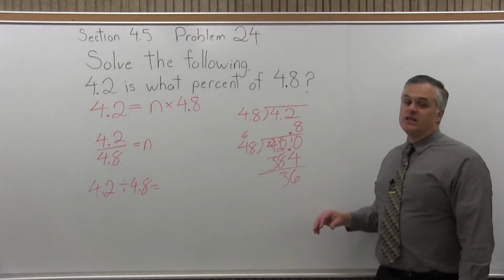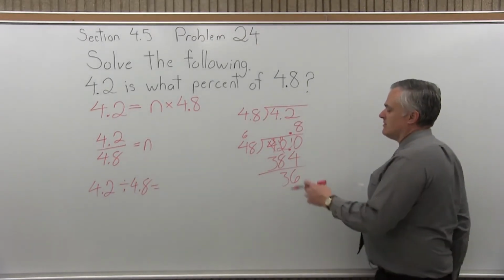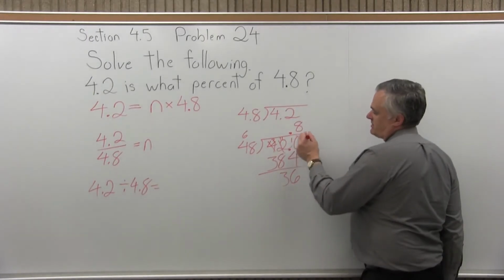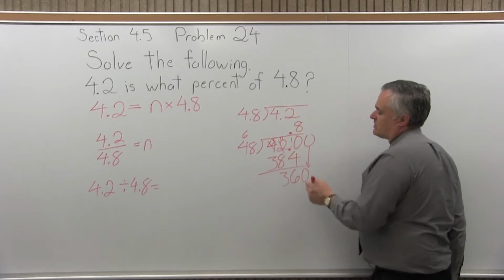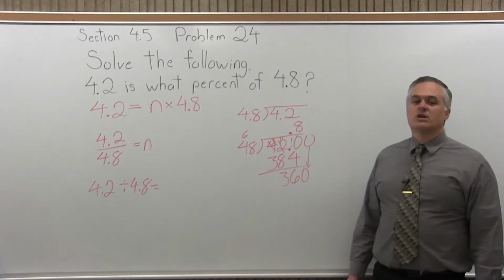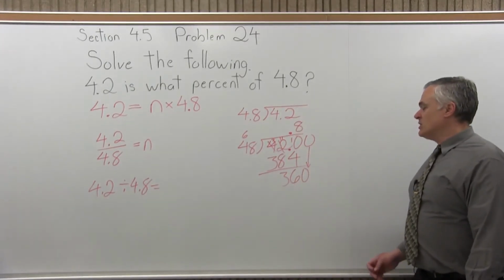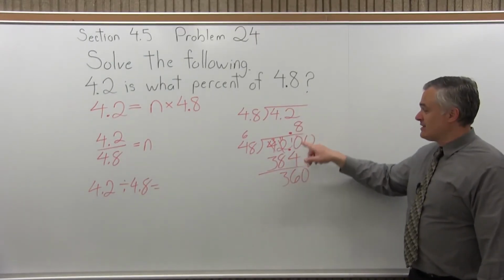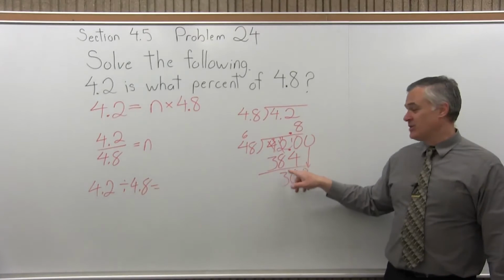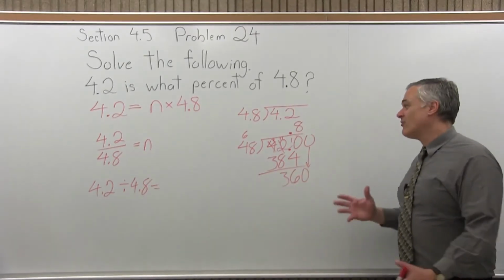So it didn't go in evenly. I have a remainder. That's okay. What I'm going to do is just make another 0, make it 42.00, and bring that next 0 straight down next to the 36, and it's basically a 360. So now 48 times something is 360. Well, I can see 8 times was 384, so 8's going to be a little too big. So 7, I'm very confident with.